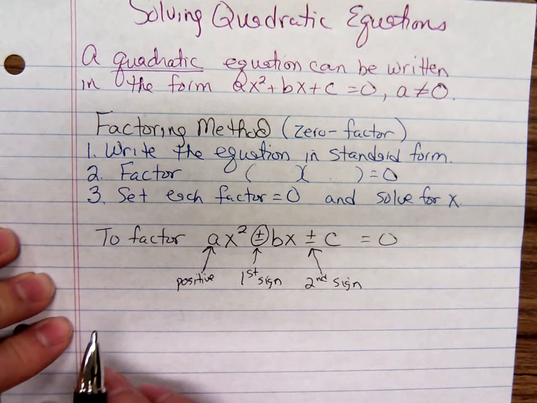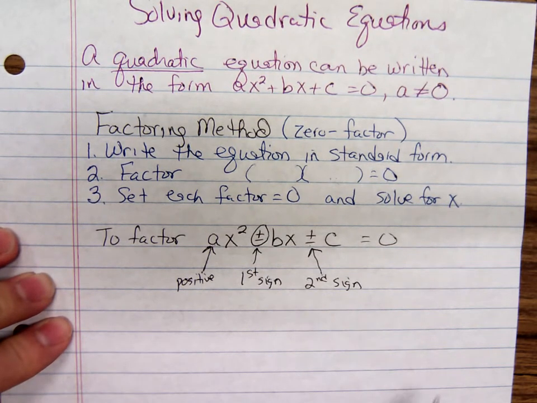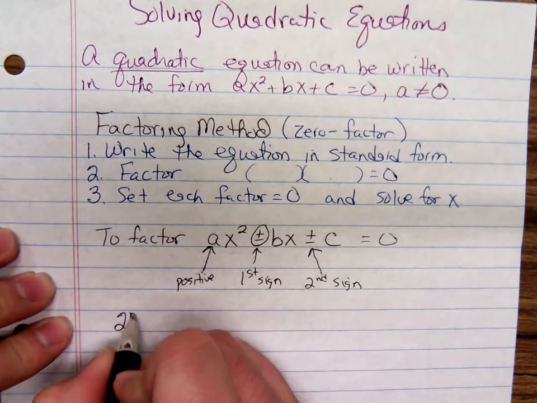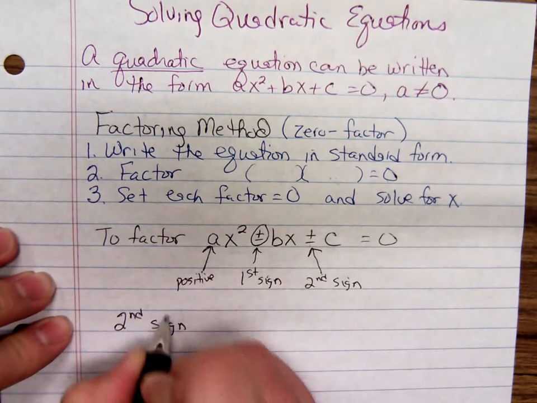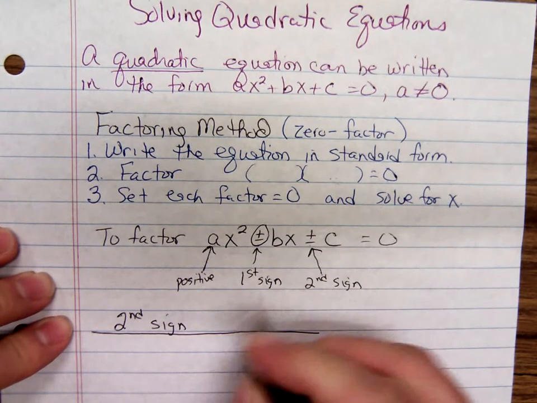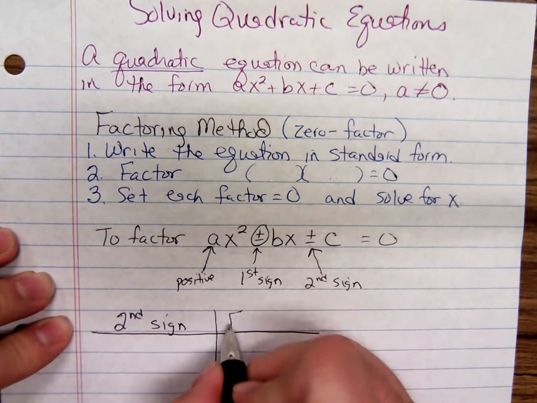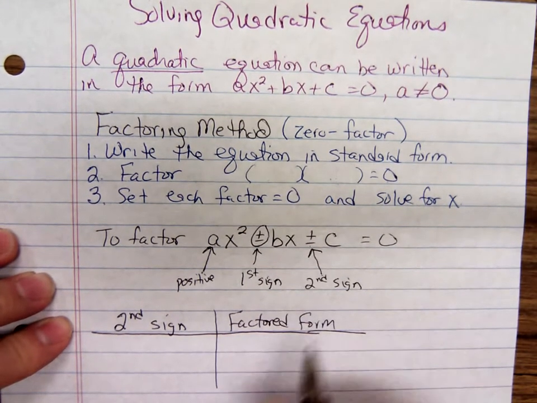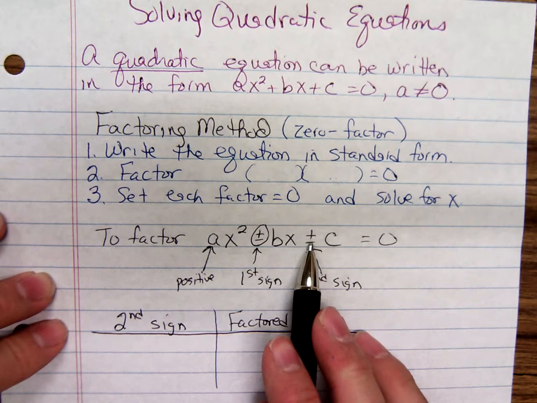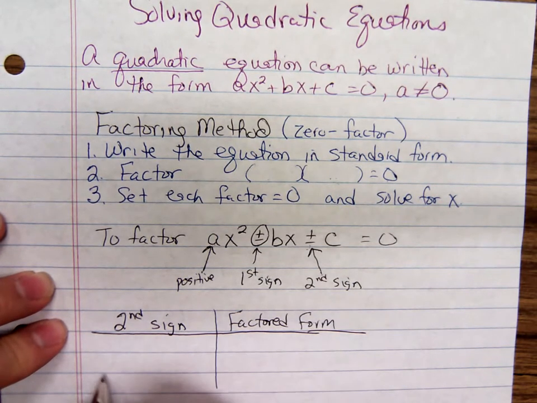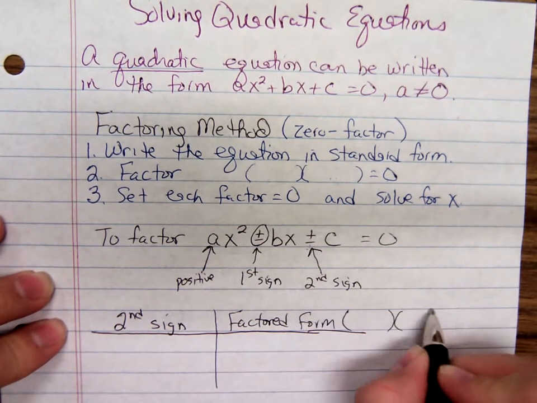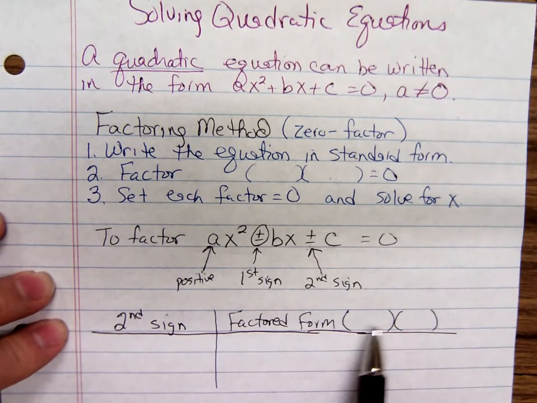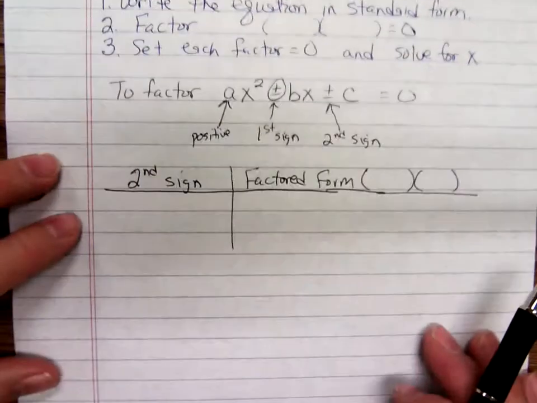You're going to be writing out two sets of parentheses and filling in those parentheses, making a little table. Depending on that second sign, factored form, this table is going to help you figure out what sort of sign, plus or minus, goes inside these parentheses.